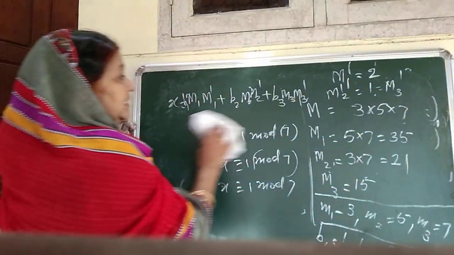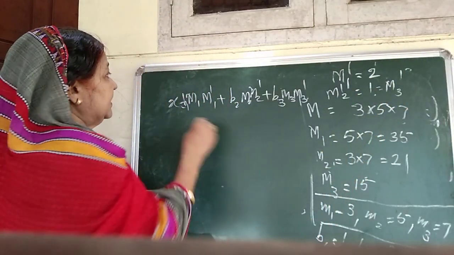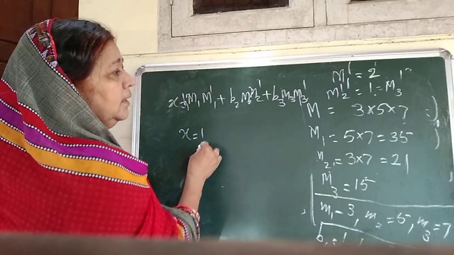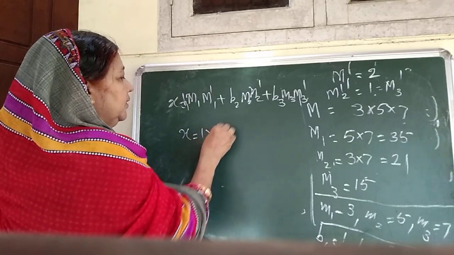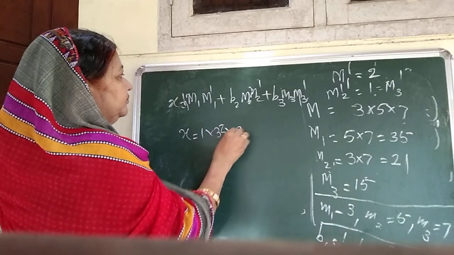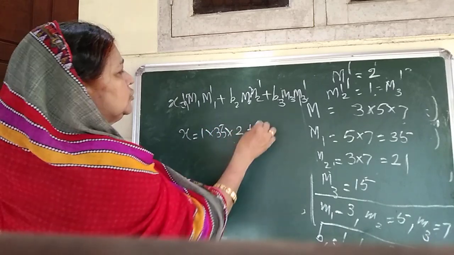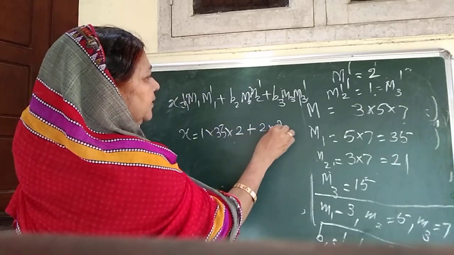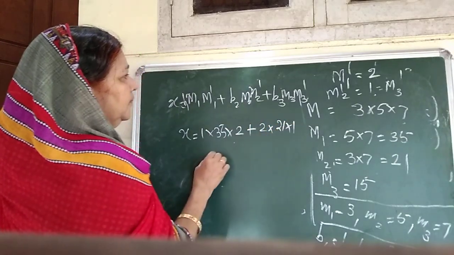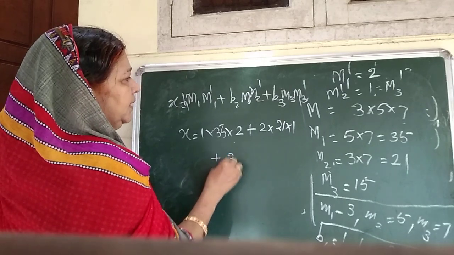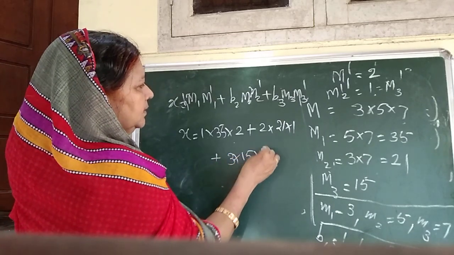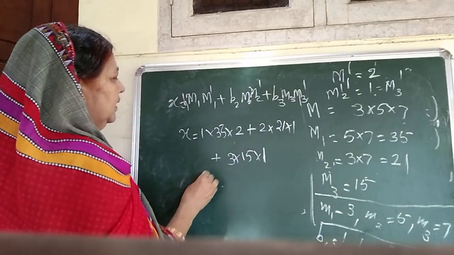Therefore, the solution x equal to b1, 1, into M1, which is 35, into 2, plus 2 into M2, which is 21, into 1, plus b3, which is 3, into M3, which is 15, into M3 dash, which is 1.